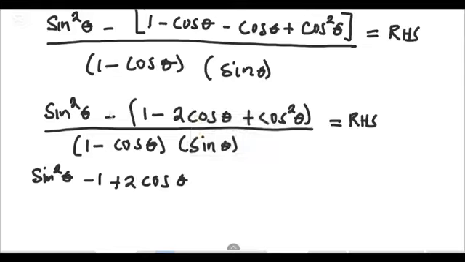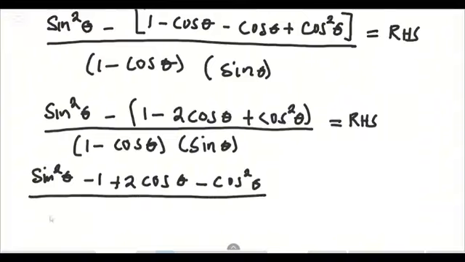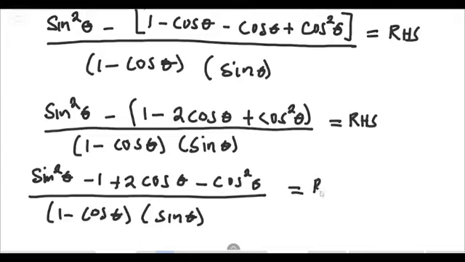Then negative times positive here will get negative cos squared theta. Over, we should not forget our denominators, 1 minus cos theta in brackets, again we have sine theta, then equal to the right hand side. So that is what you are going to get.